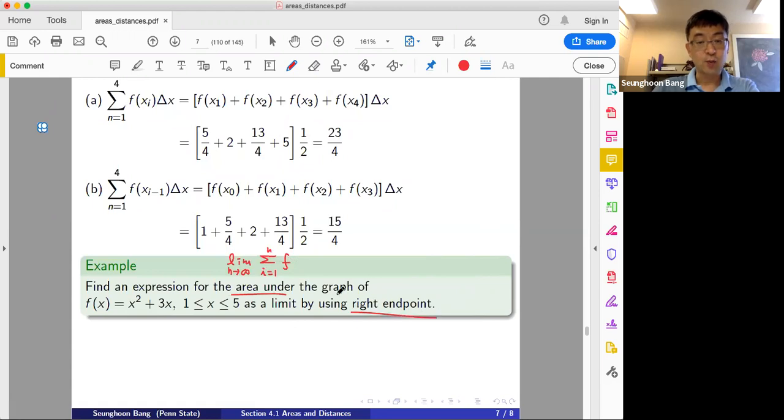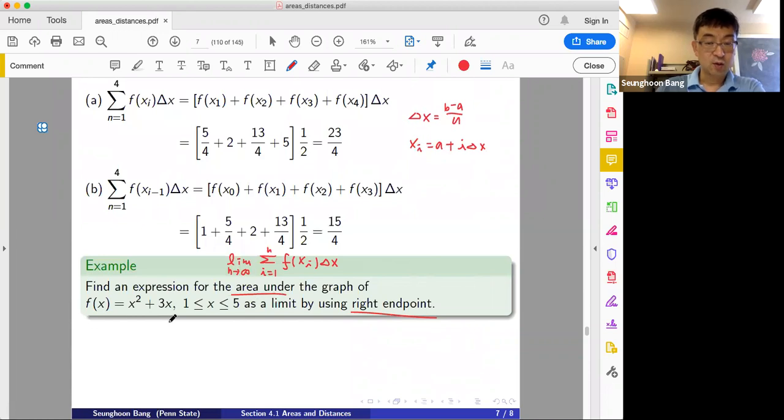You can use right-hand points. f of x_i times delta x. So how can you find the delta x and the x_i here? Delta x is b minus a over n. You can use it. What's x_i? x_i is a plus i times delta x. We can use these kind of things.